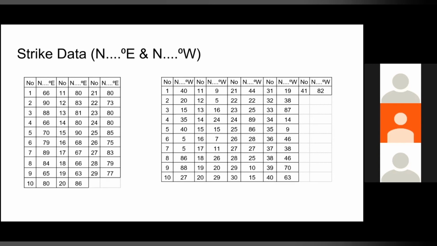Then, in the calculation, a joint that has the direction north 180 degrees is calculated equal to north 0 degrees east, and north 220 degrees is calculated the same as north 40 degrees east, and north 115 degrees east equals north 65 degrees west.